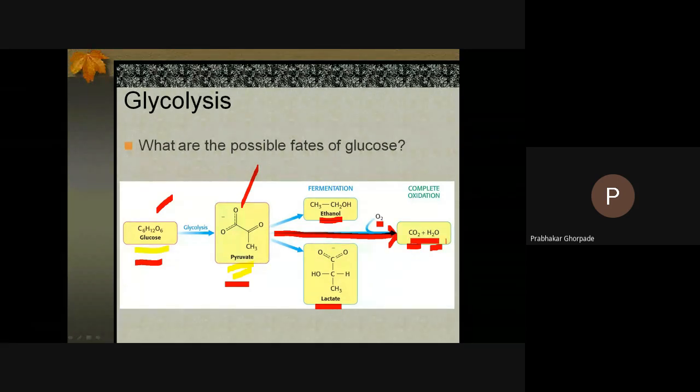This is the fate under aerobic respiration. And under anaerobic conditions, this pyruvate molecule can undergo conversion to ethanol, or it can undergo conversion to lactate. So these are the different fates of the glucose molecule. So what can happen to the glucose molecule inside the body?